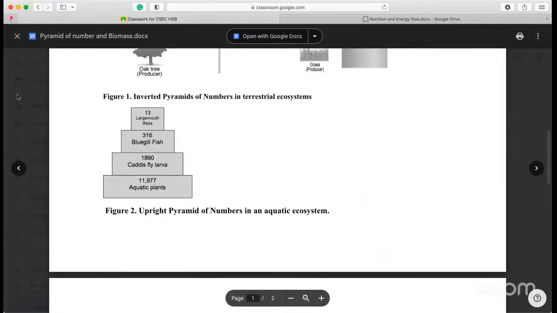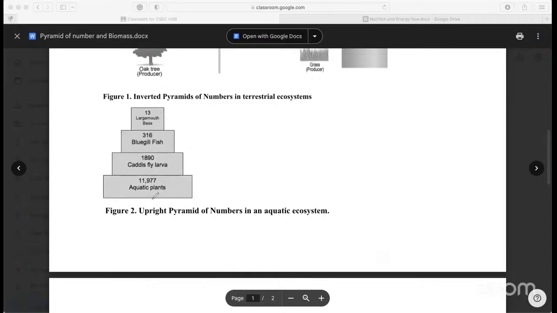And we are just counting number or coverage, right? So the coverage of the aquatic plants is a lot, and then the organisms that will feed on it are also a lot until we get to maybe a large bird or a large animal, right? So please note that the pyramid of numbers in aquatic systems tends to always be upright, meaning that the producer is more than the top tier consumer, and it tends to have that regular shape.